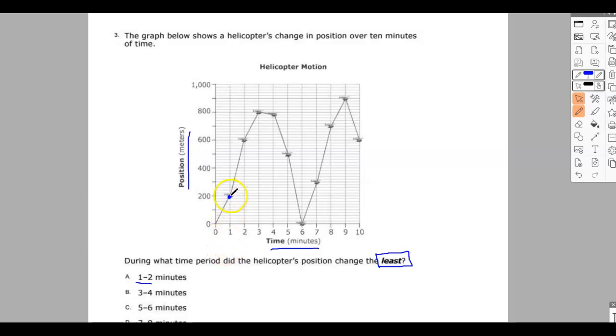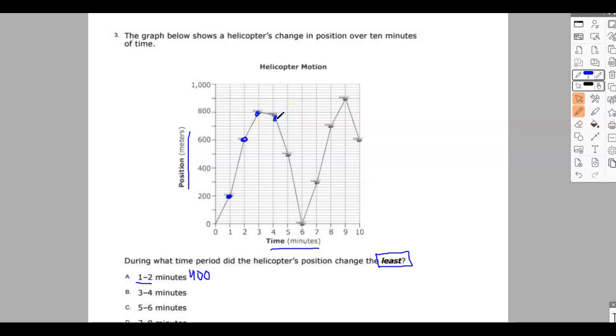Okay, so if I look at minute 1, he is at 200. If I look at minute 2, he is at 600, and we know that 200 to 600 is going to be a change of 400. Yes, I'm writing with my trackpad, so it's terrible. All right, let's look at 3 to 4.